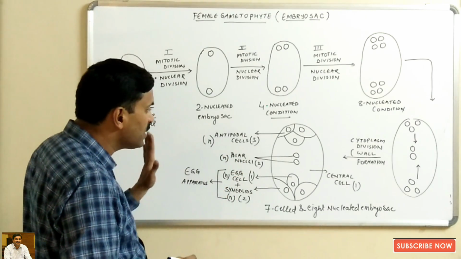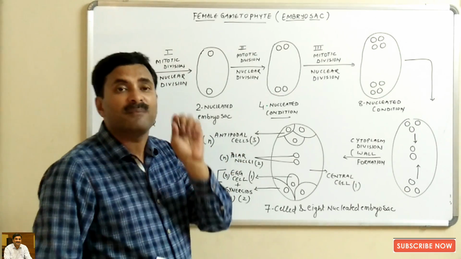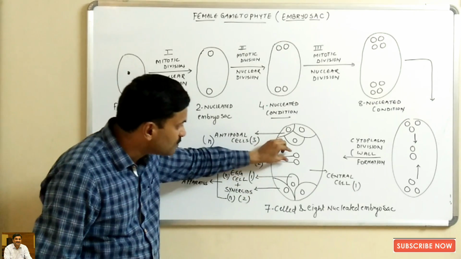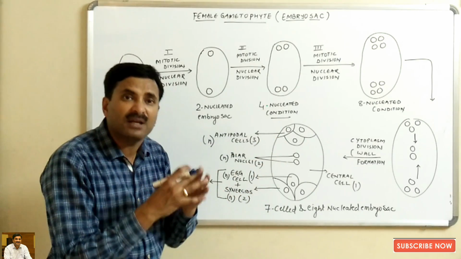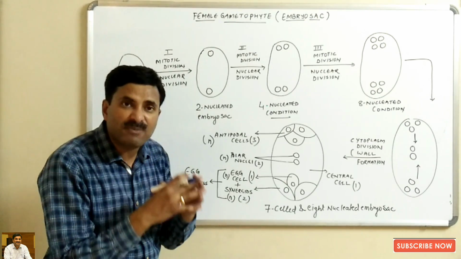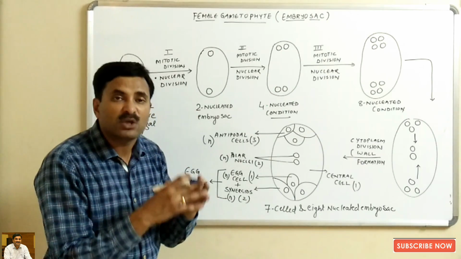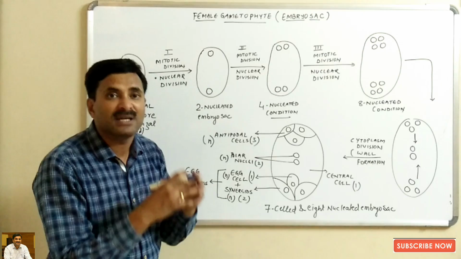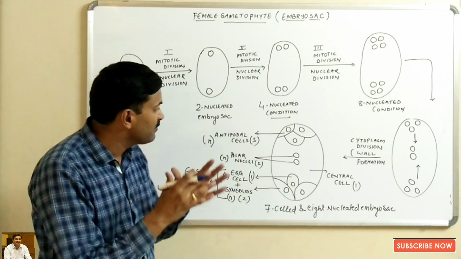Okay, and you must remember, just before the fertilization, these two polar nuclei will fuse together to form a secondary nucleus, and the secondary nucleus has the ploidy level 2n.